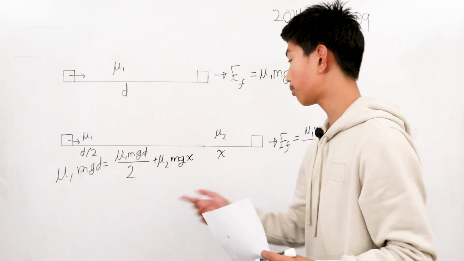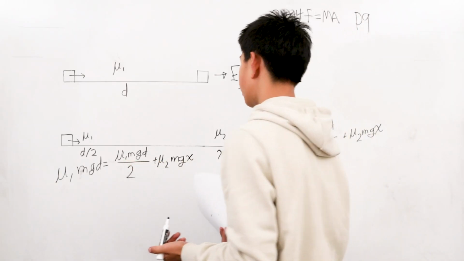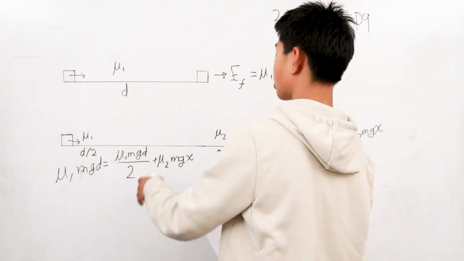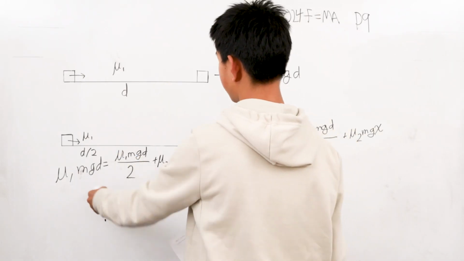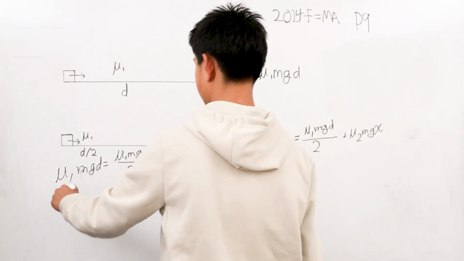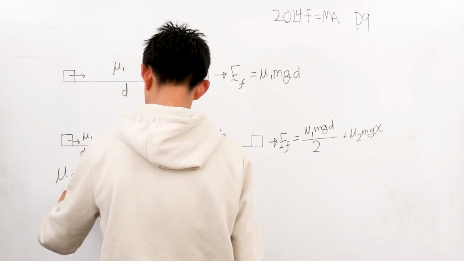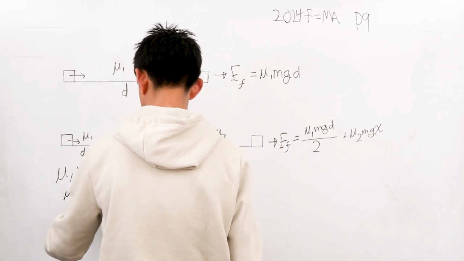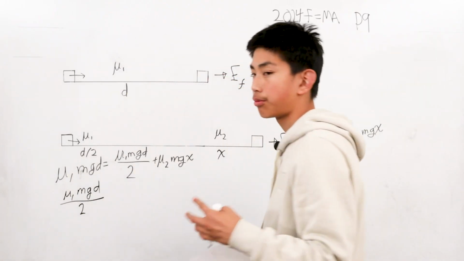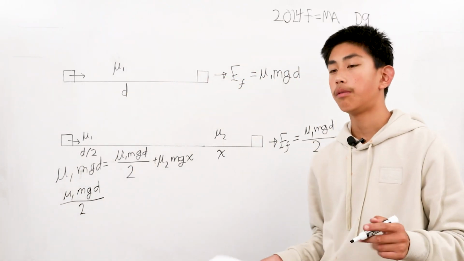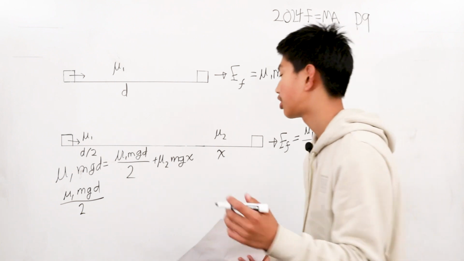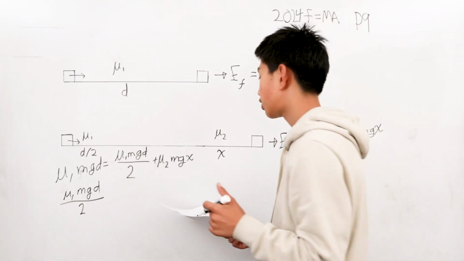There are common terms in this equation we just derived, but we can subtract this from both sides to get that this side is mu of 1 mgd over 2. Because if you have half of a number and subtract it from the number, you get half of it.